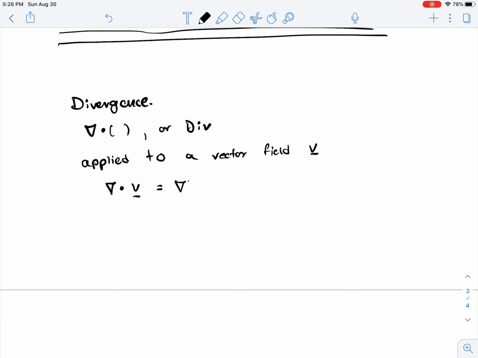So in that case, we have divergence of V, and that's going to be defined by taking the gradient of V and then doing this double contraction with the identity tensor, or alternatively, you can say that this is the trace of the gradient of V, and then this will be equal, if you have the components, to the derivative of each of the components with respect to each of the coordinates, summed.